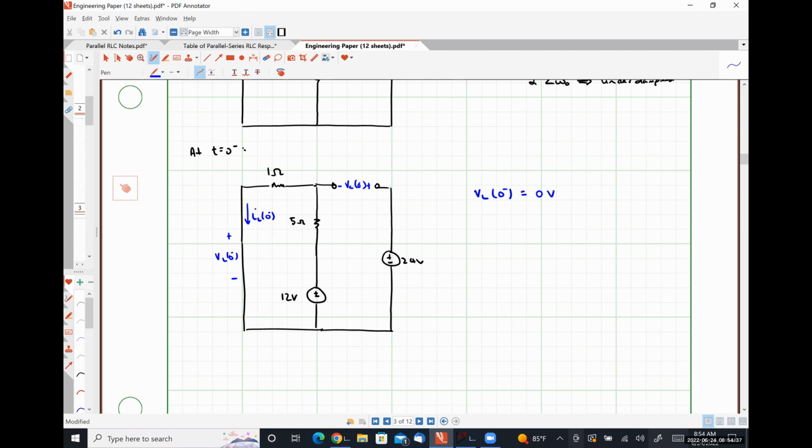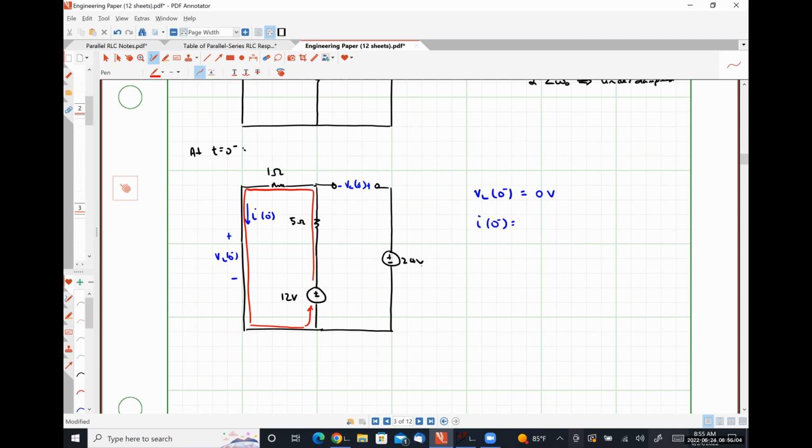The next easiest thing to determine, in my opinion, will be I at 0 minus. The reason why I say that is because any current that leaves the 12 volt source will flow through the 5 ohm resistor, then through the 1 ohm resistor, and then back down like this.